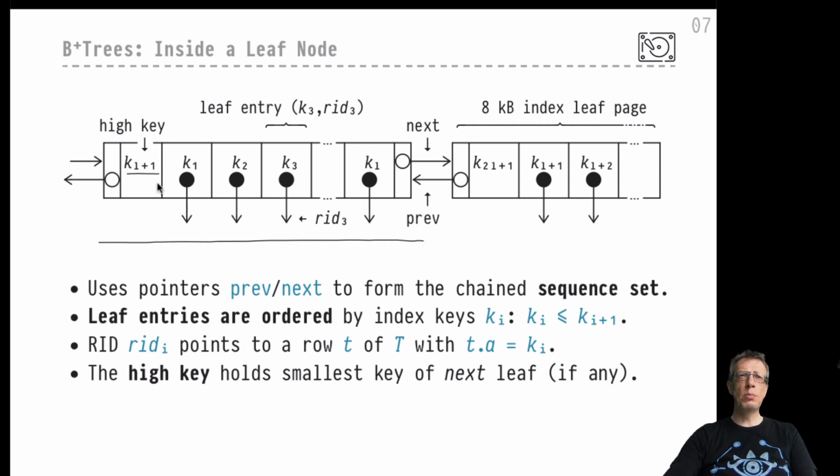This is information about what I will find if I walk the sequence set chain further to the right. The smallest key value that we will find in the next page is KL+1, and this is repeated and copied here.